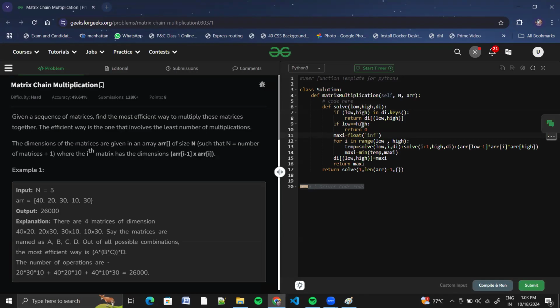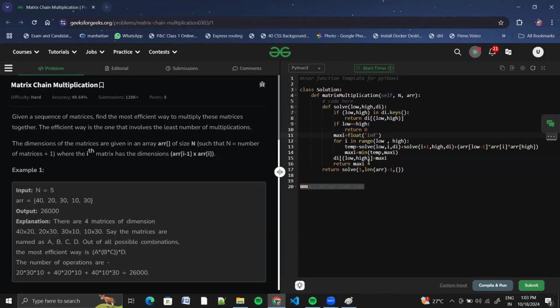I generally have a tendency of naming this maximum, so I have named it as maximum, which has the infinite value, the highest value allowed for this type of variable. And we are comparing maximum with temp, which we are calculating in every iteration, and we are taking the minimum. If the current temp is smaller than the variable, then we are storing it again in the variable, and we are storing it in the dictionary as well, and we are returning it.